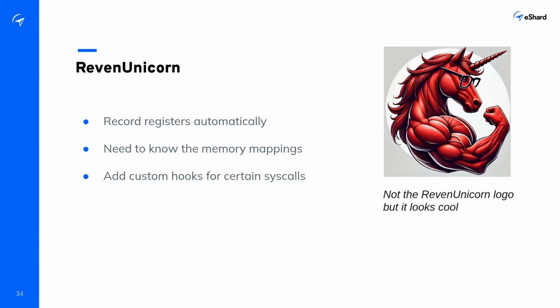But first, Raven Unicorn, as you can see on the screen, automatically records the registers of a Unicorn instance. But prior to that, we need to know the memory mappings that Raven Unicorn needs to watch, so that it can record the events in these memory regions. And you can also add custom hooks for certain syscalls and so on.